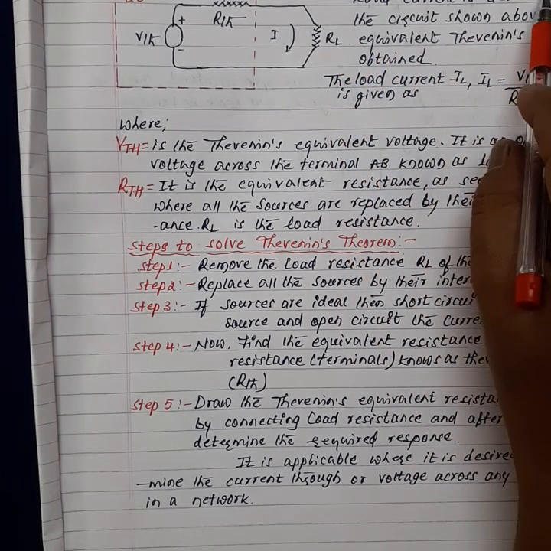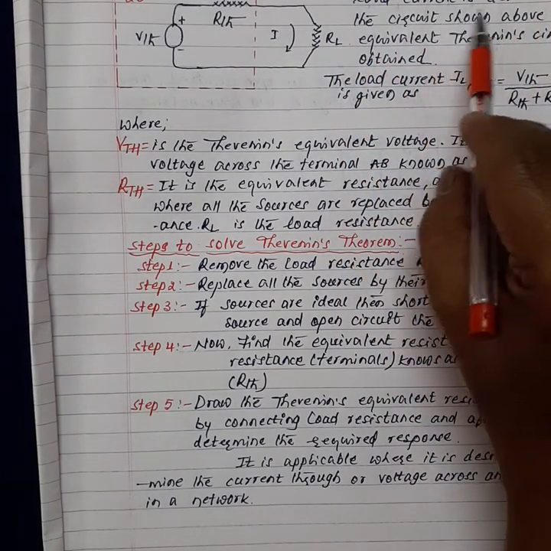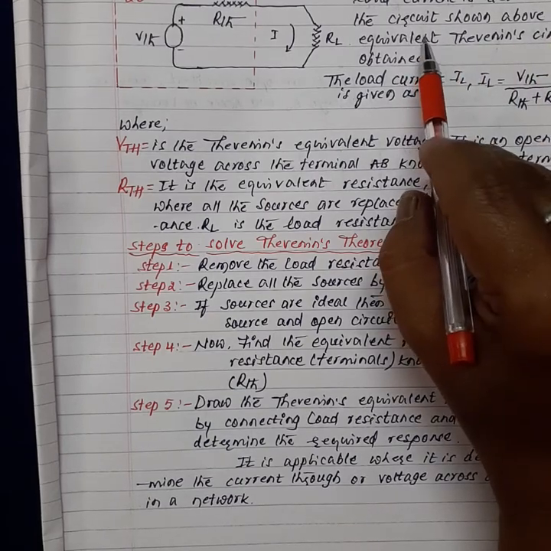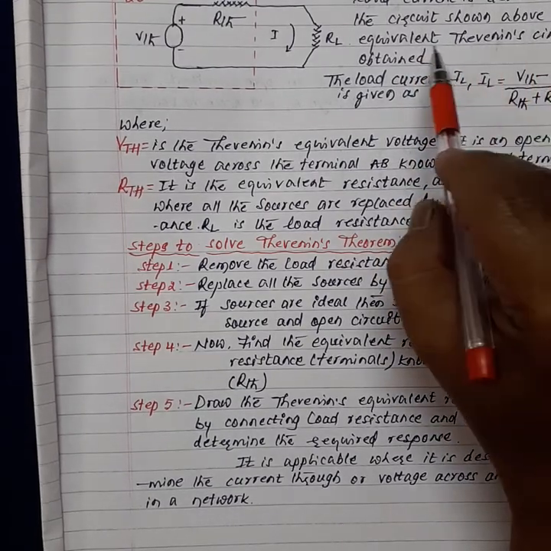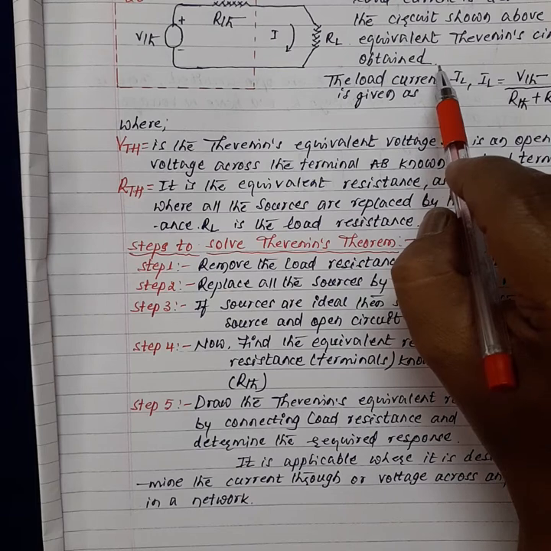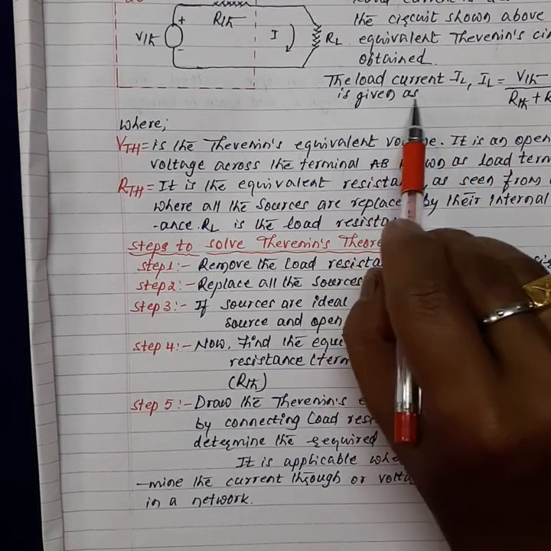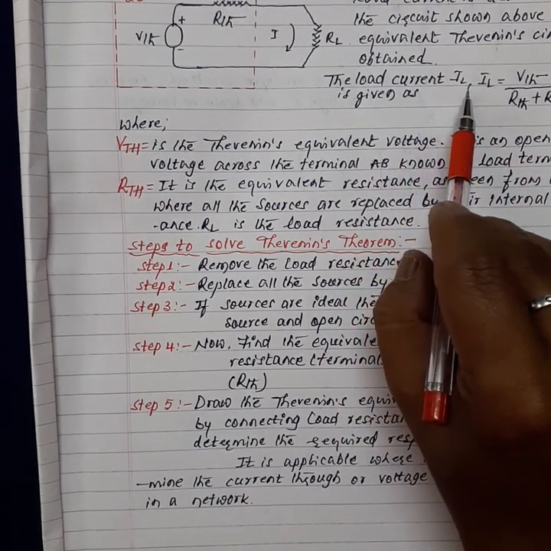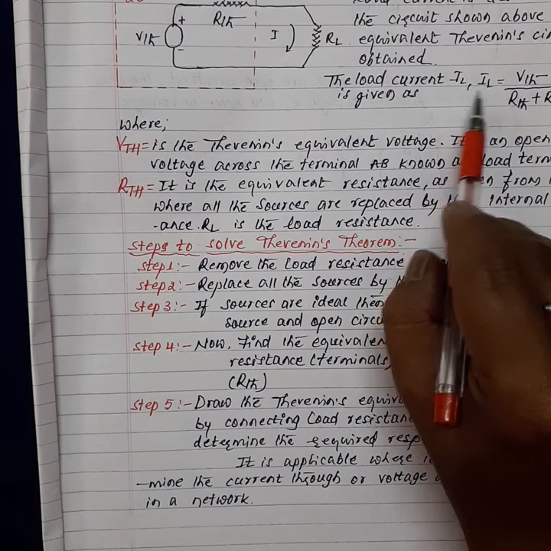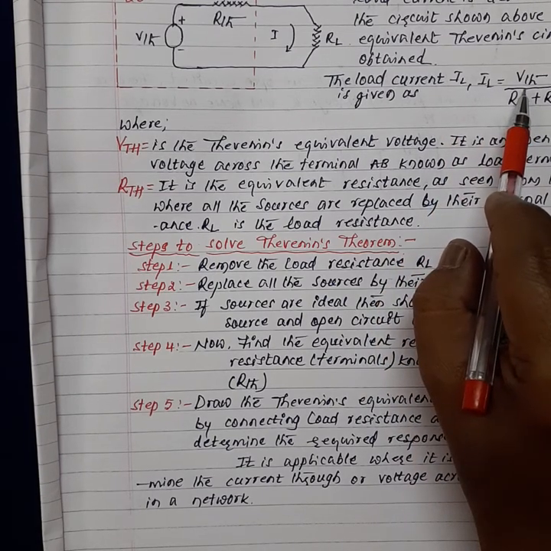As per the Thevenin's statement, the load current is determined by the circuit shown above and the equivalent Thevenin circuit is obtained. So the load current I of L is nothing but our VTH.